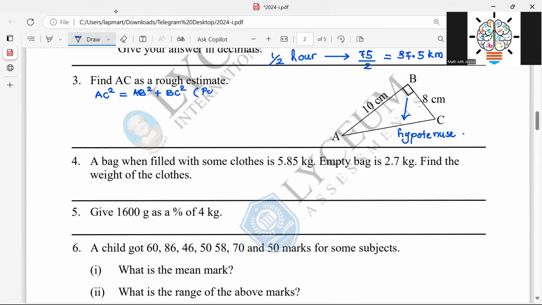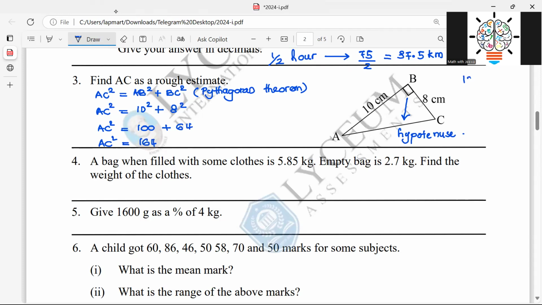So how do you get this? What is the relationship? Pythagoras theorem, right? Pythagoras theorem. Then AC squared, we don't know the AC value. AB means 10 squared and BC is 8 squared. So then AC squared is equal to 100 plus 64. Then AC squared is equal to 164.